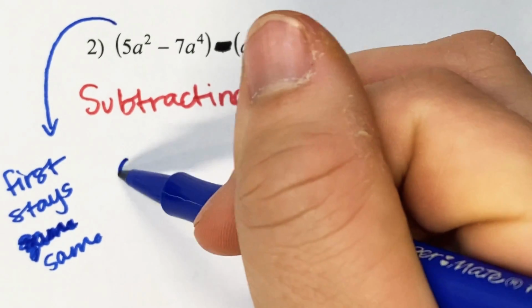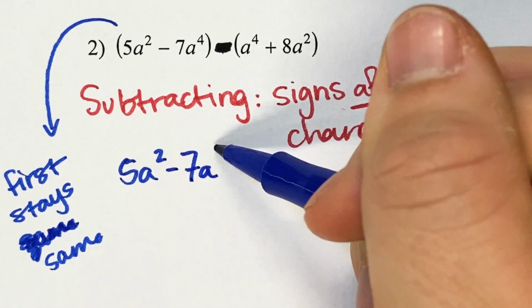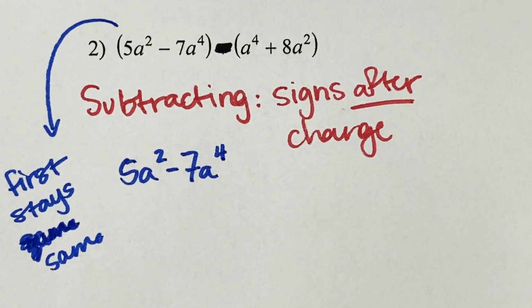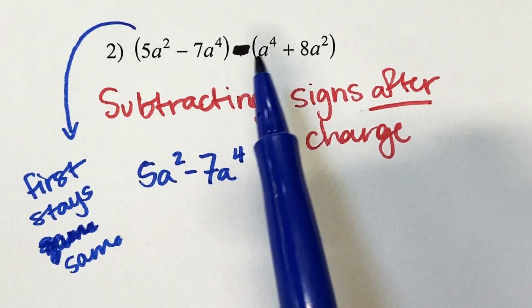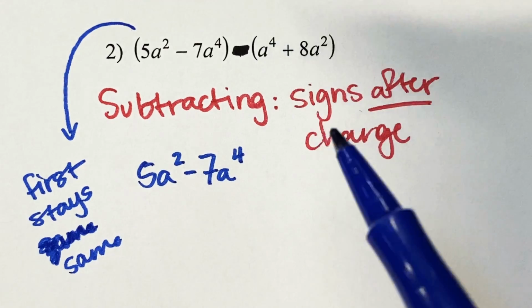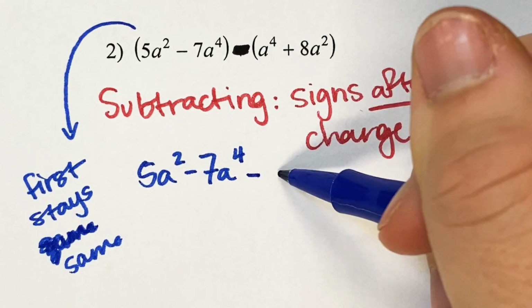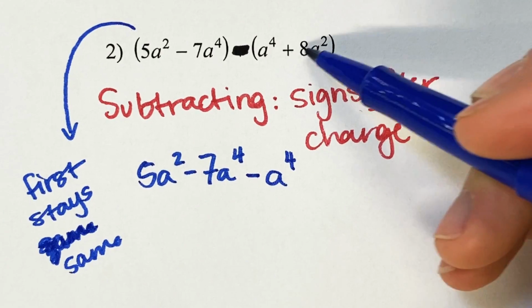So let's write 5a squared minus 7a to the fourth. Now, remember, subtracting, the signs after change. So this was a positive a to the fourth. Now it's a negative a to the fourth. This was a positive 8a squared.